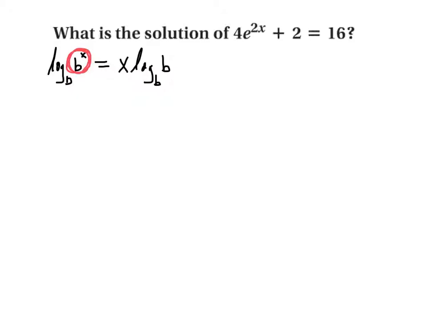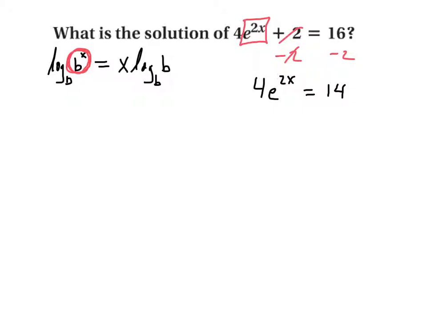So therefore, we have to get this by itself. You've got to get whatever's being raised to the exponent by itself first. So we're going to have to subtract 2. So 4e to the 2x power equals 14. Here's what I'm talking about. If you took the logarithm of both sides, or the natural log of both sides, you can't use that exponent property.